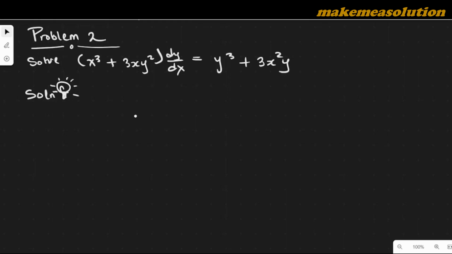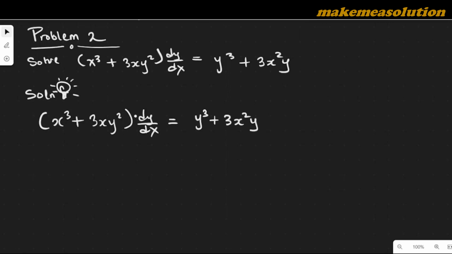This is problem number 2, and we are given (x cubed plus 3xy squared) dy/dx equals y cubed plus 3x squared y.